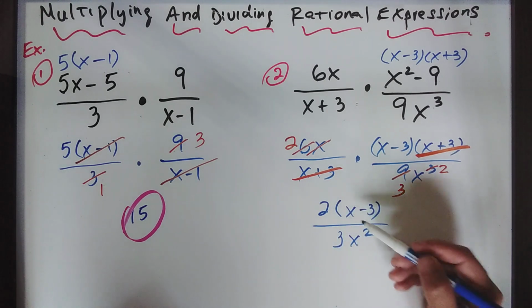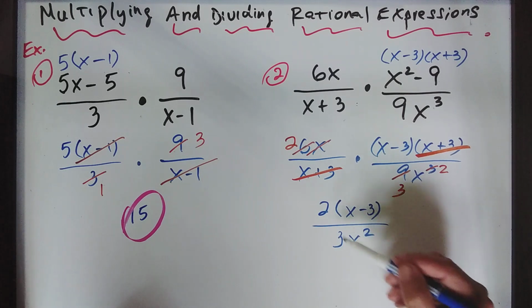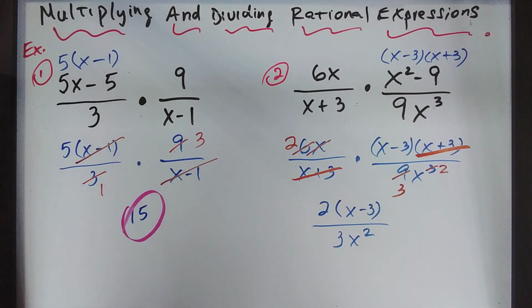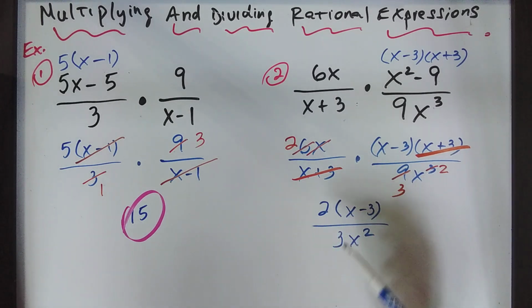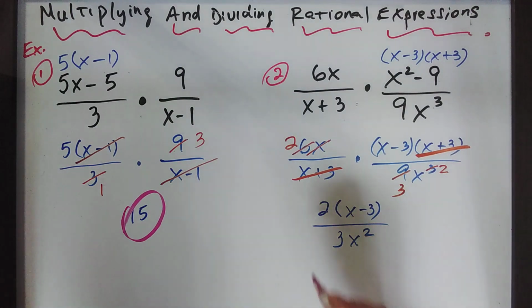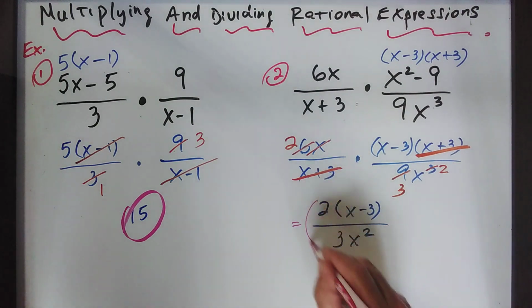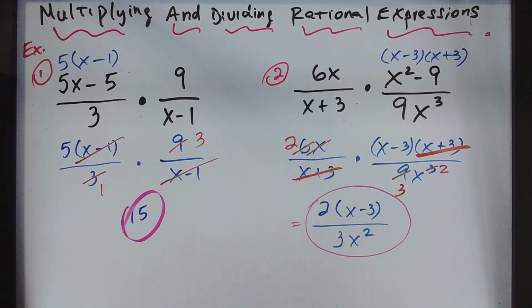Always make sure there's nothing else you could simplify. Always look at your final answer and make sure that nothing could be simplified. So for our case, this will be the answer right there. That will be my final answer.